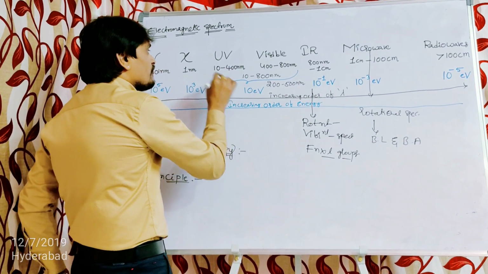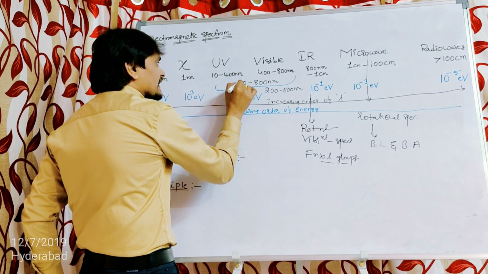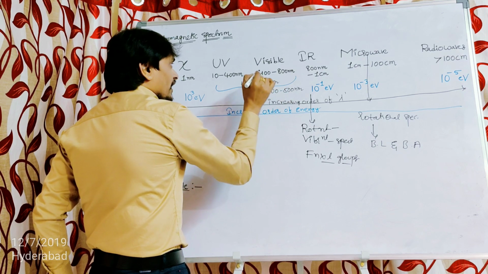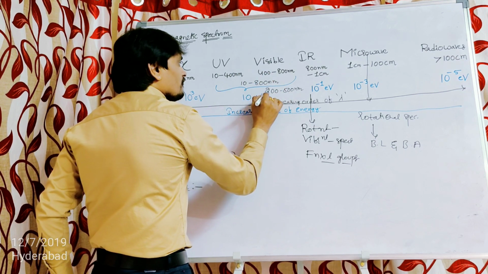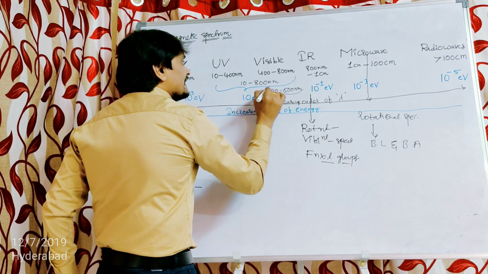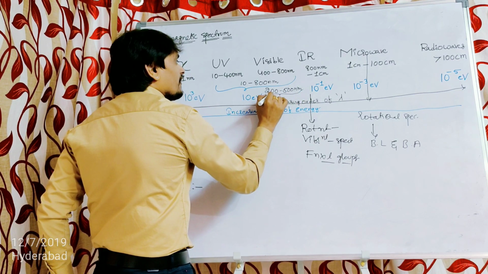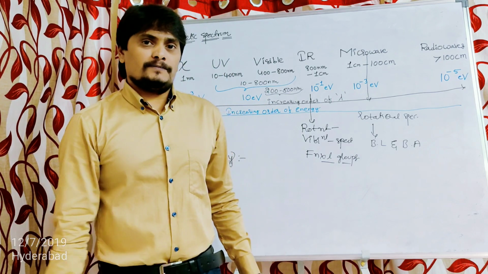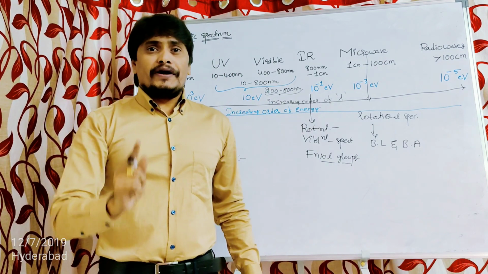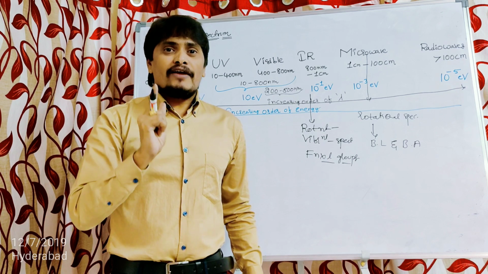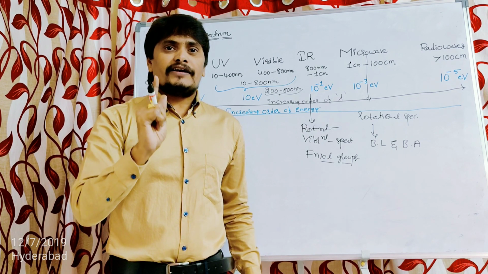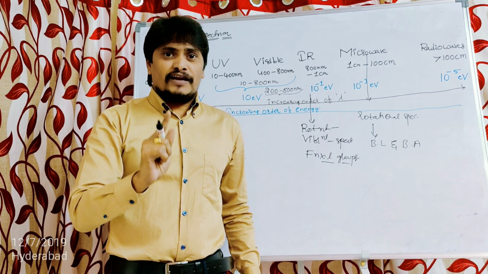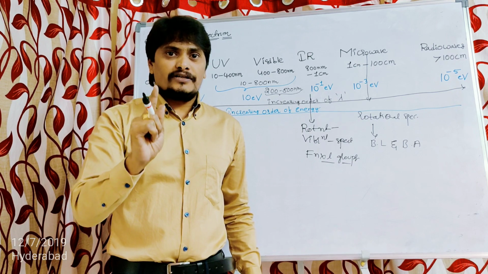Though the UV visible radiation minimum is 10 and maximum is 800 nanometers, for recording the UV visible spectroscopy, we will depend only upon this particular range of wavelength, that is 200 to 800 nanometers only. Now, we have to discuss why we use 200 to 800 nanometers, even though the UV visible radiation wavelength ranges from 10 to 800 nanometers.